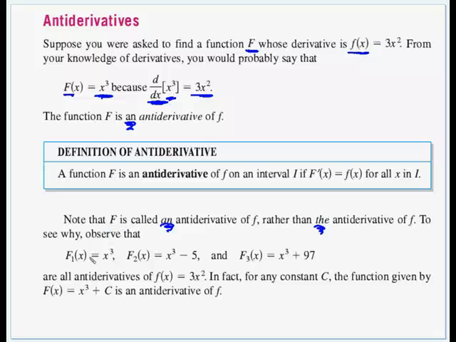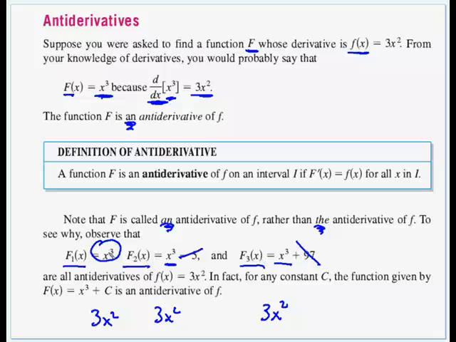To observe why, we have 3 functions here: f sub 1, f sub 2, f sub 3. If we derive f sub 1, we get 3x squared. If we derive f sub 2, we get 3x squared. The minus 5 derives away to nothing. The third one, the x to the third derives to 3x squared, and the 97 derives off.